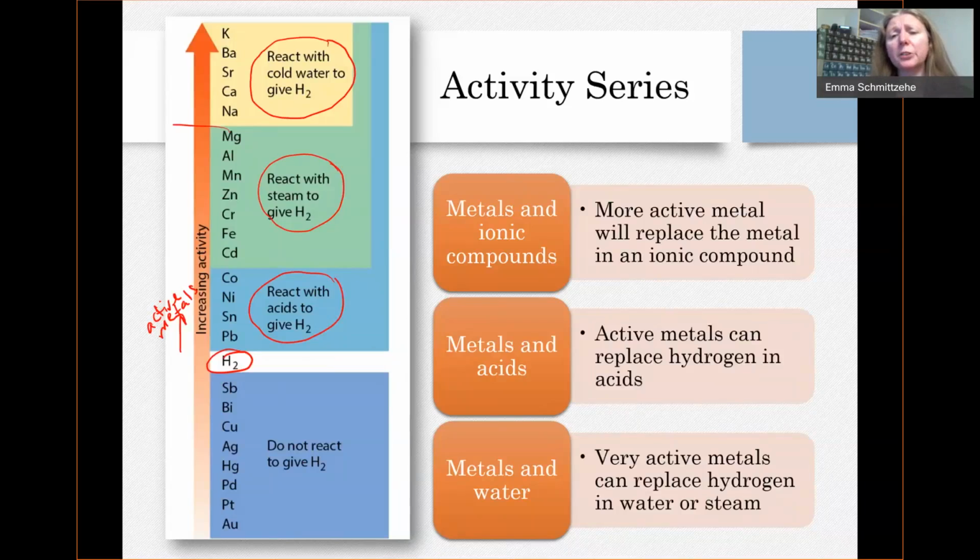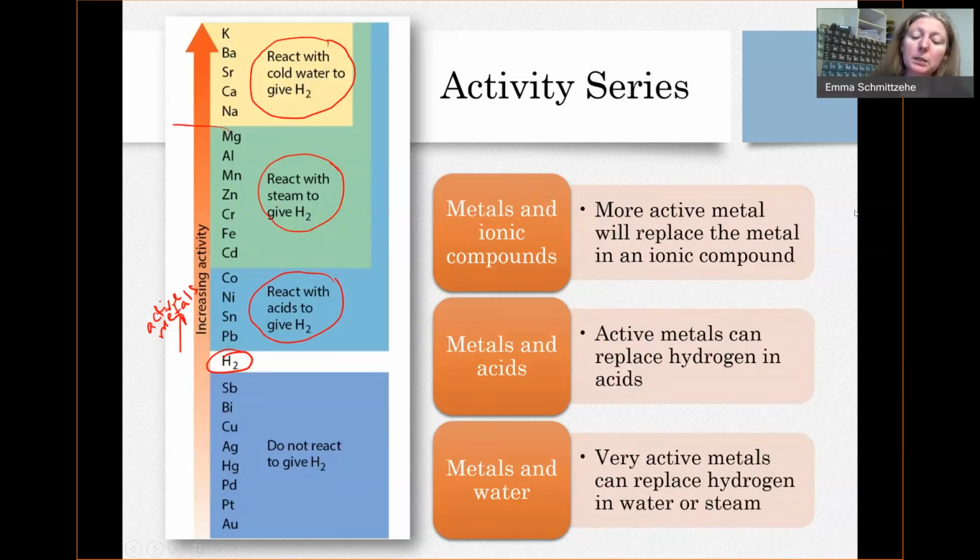And so the activity series is useful in understanding, is this a spontaneous or non-spontaneous single replacement reaction? Because you can always predict what products would form if it happens, but then you utilize the activity series to understand, is it going to happen on its own, or would I need to actually force that reaction because it's non-spontaneous?